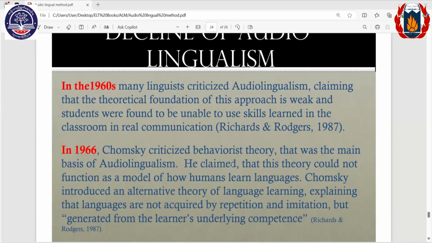In order to produce something, firstly you need to give a stimulus, and the student will respond. But for human language learning, he said that they have an innate ability. I think this is mainly related to the natural method, because of learning your mother tongue.